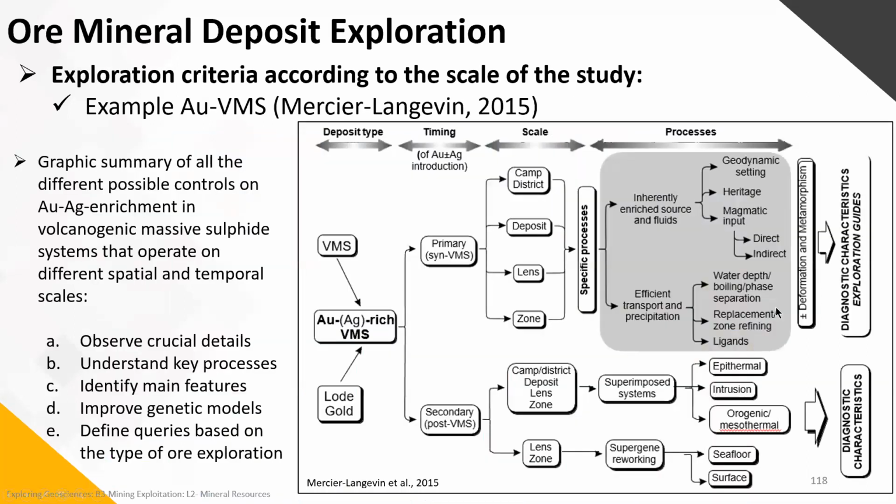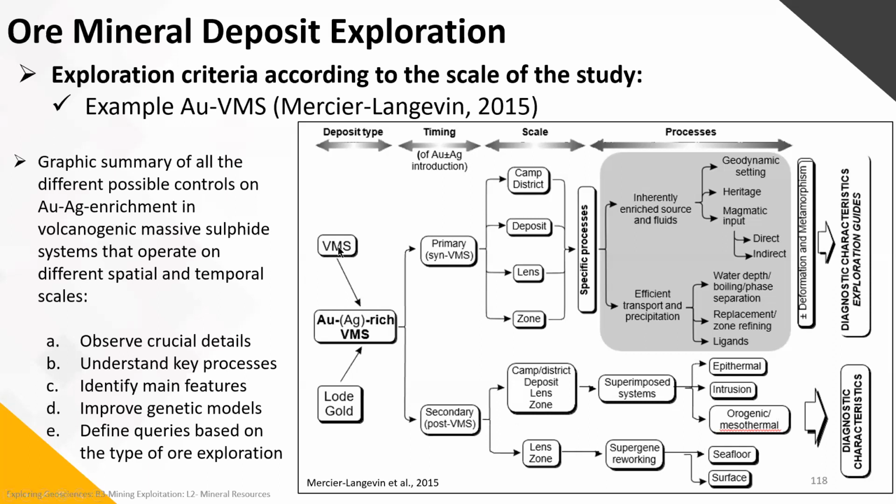The same application, but this time for gold VMS. And this time we are including everything, from the scale to the timing. Are we before the VMS formation or after the VMS formation?